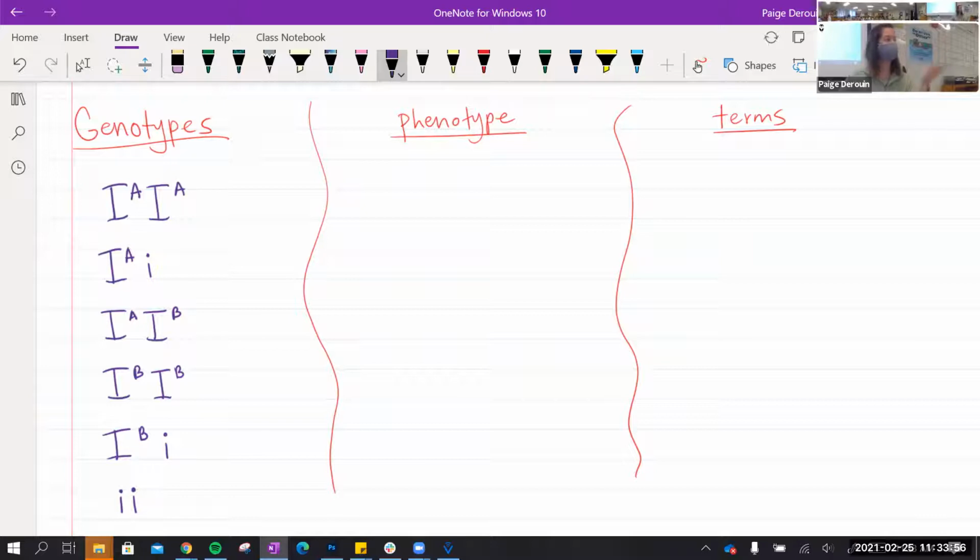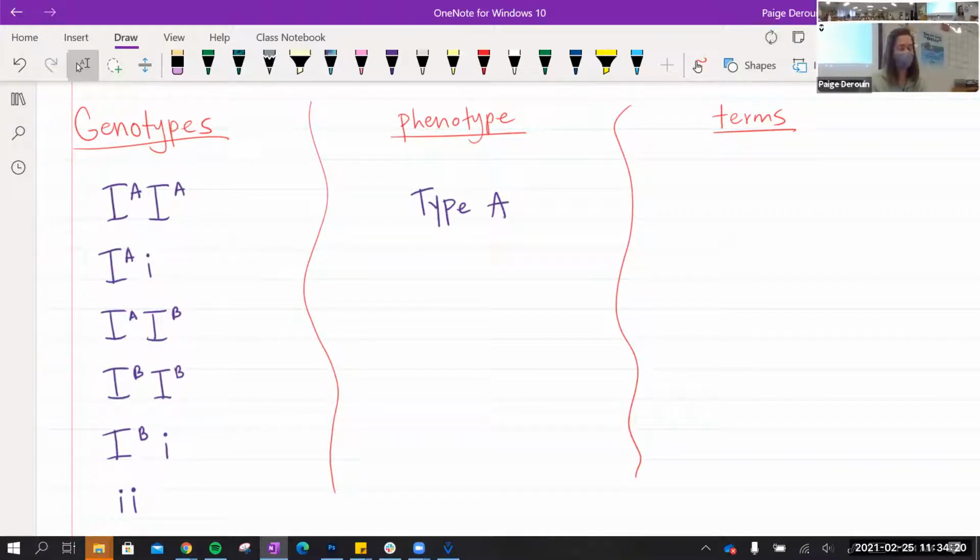But like we said before, there's only 4 phenotypes, your physical appearances or your physical blood type. If you have two big A's, what type will you be? Type A. What will the second person be? I big A, small i. Type A, right.